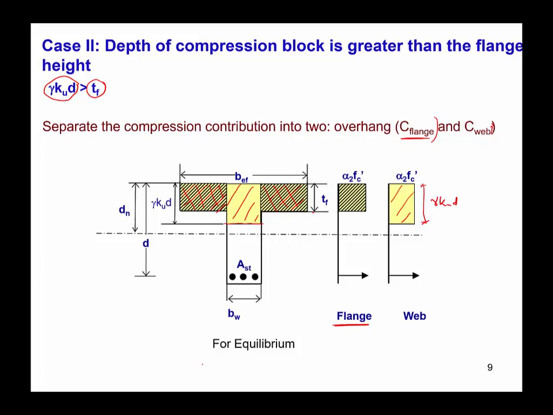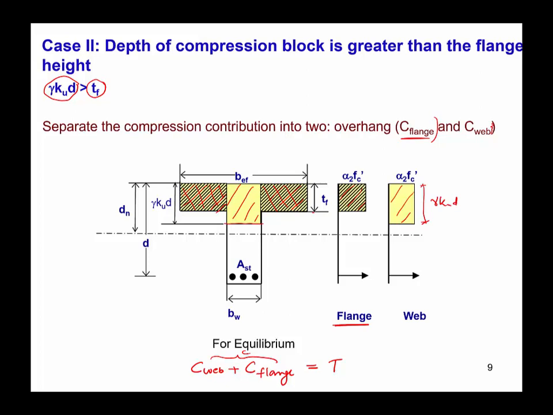So the total compressive force is the compressive force acting on this web plus the compressive force taken by the overhang flange part, that is C flange. Those compressive forces should be equal to the tensile force taken by the steel. So C web plus C flange equals T. Basically, we are dividing the compressive force into two parts, the one taken by the center web and the second one taken by the two overhangs on the other sides.